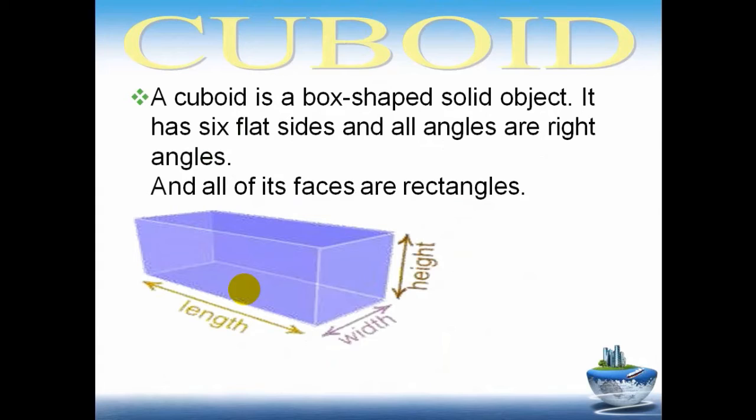The cuboid shape. A cuboid is a box-shaped solid object. It has 6 flat sides, all angles are right angles, and all of its faces are rectangles. So this is a cuboid shape with length, width and height.